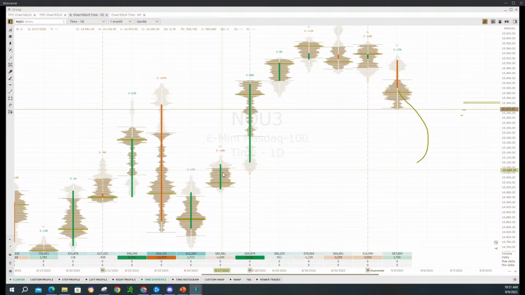A lot of times you need the context here. So now if this happened on the negative delta right here, where would you expect to be interested in buying? Below the POC. If I just look at this right here, I should be able to find a point in this price action where it's.